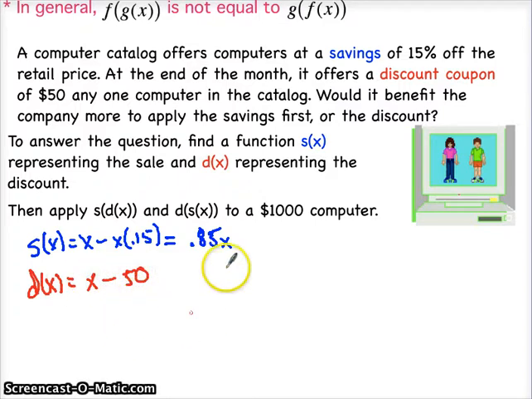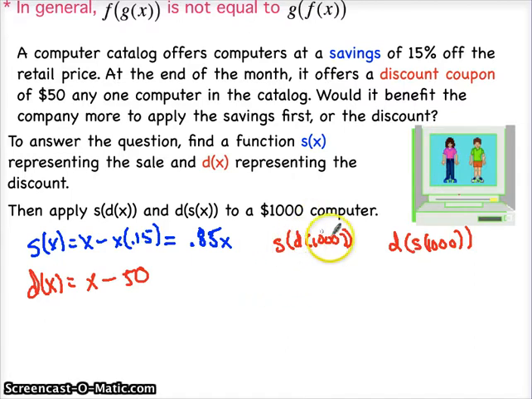Well, which one comes up cheaper for a $1,000 computer? S composed on D of 1,000, or D composed on S of 1,000? Well, let's do some math here real quick. D of 1,000, we're plugging 1,000 in here, is essentially $950.